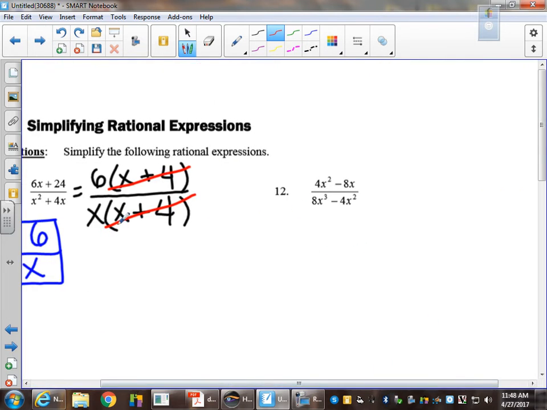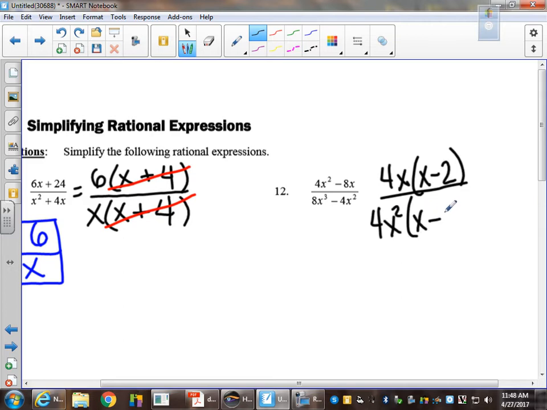Okay, so now we're going to be simplifying. We already did the first question together, so we're going to move on to number 12. We can factor out a 4x from the top, so we're left with x minus 2. And from the bottom, we can factor out a 4x squared, so we're left with 2x minus 1, because we had 8x cubed.